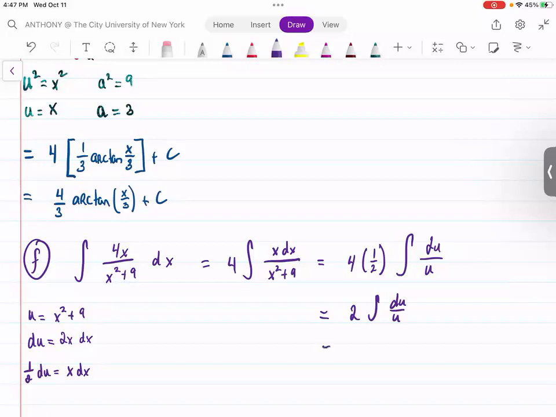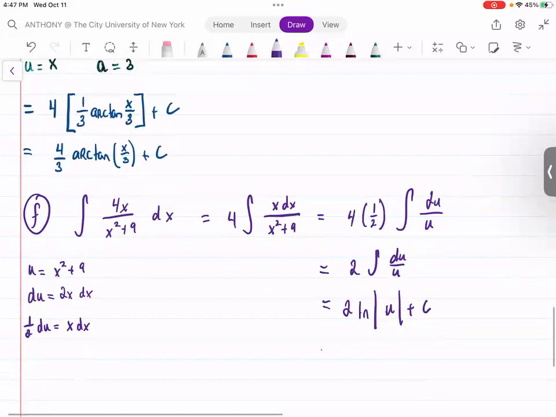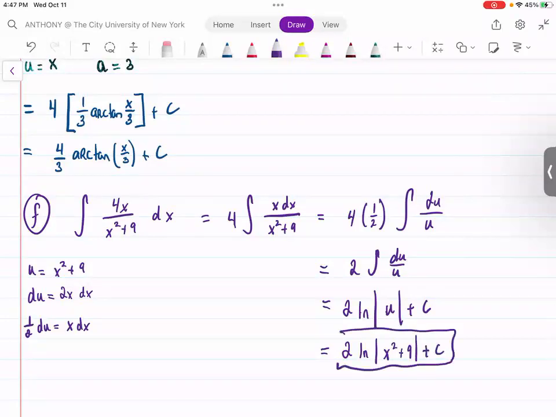So you get 2 times the ln of u plus c. But what's my u in this example? x squared plus 9. So you get 2 times ln of x squared plus 9 plus c. All right, so that's the example in part F.